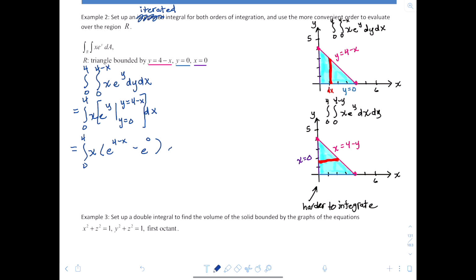And this will give us the integral from 0 to 4 of x e to the 4 minus x with respect to x. And then I'm going to do another integral, minus the integral from 0 to 4 of, it'll be x times 1, which will be x dx.